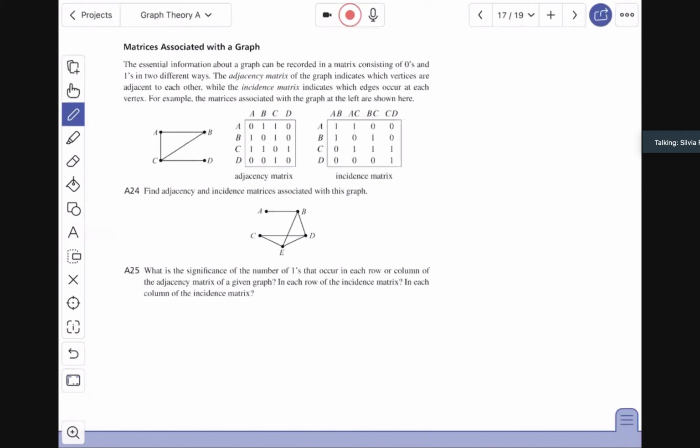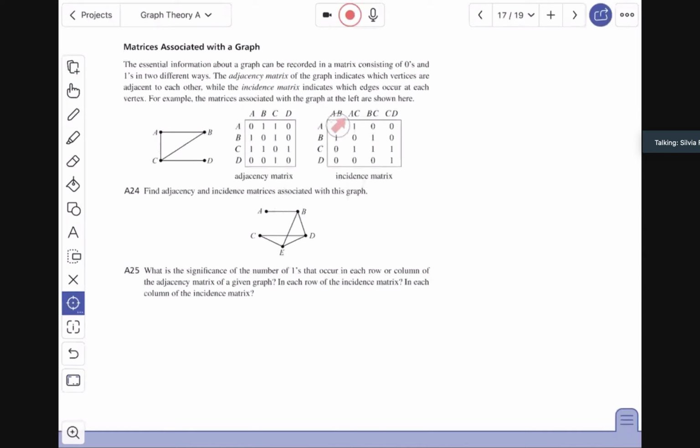These are ways to represent graphs with matrices, and they could be really helpful because anything you know about linear algebra could become handy. We're not going to do as much, but we're going to see a couple of theorems regarding adjacency matrices and graphs. So if you have a simple graph like this, there are two matrices that you can associate to it. The adjacency matrix is the most common one, and the incidence matrix.